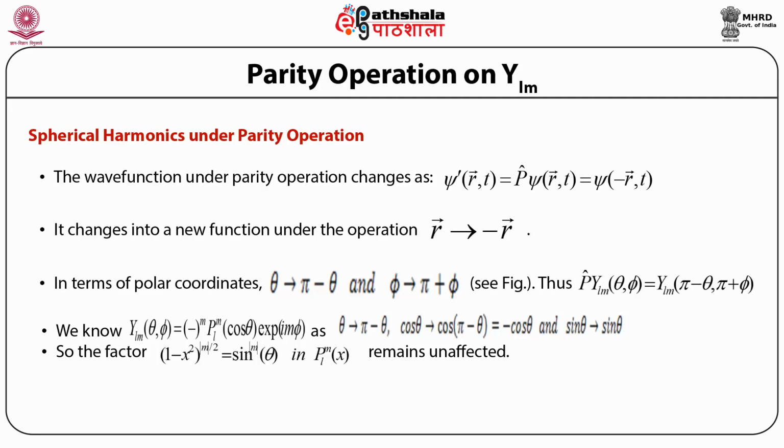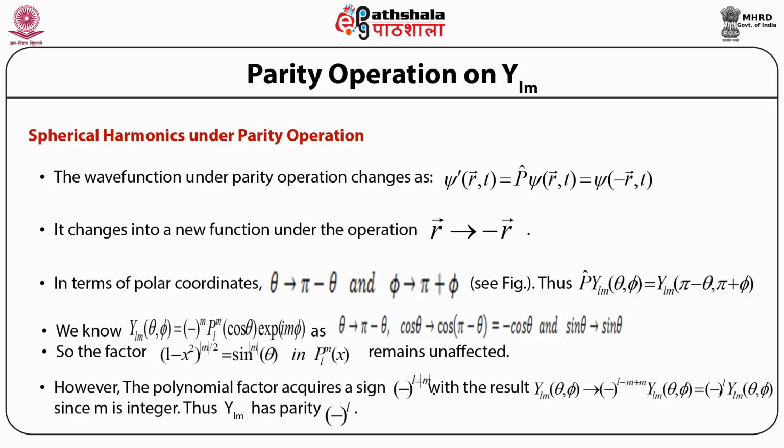So the factor 1 minus x squared whole to the power modulus m by 2, which is equal to sin theta to the power modulus m, in the Legendre polynomial PLM of x remains unaffected under the parity operation.